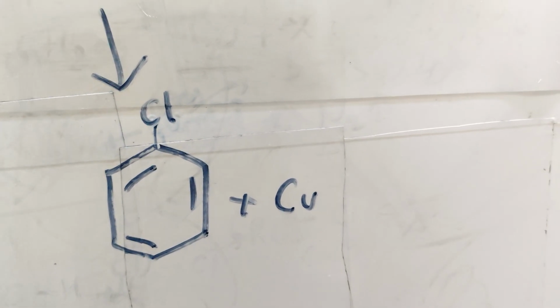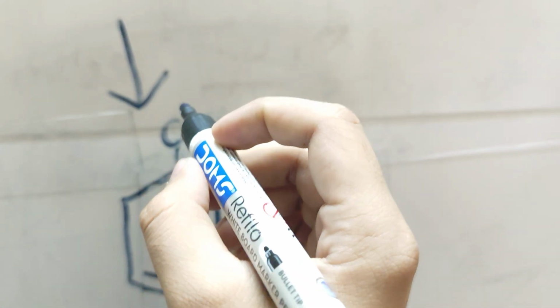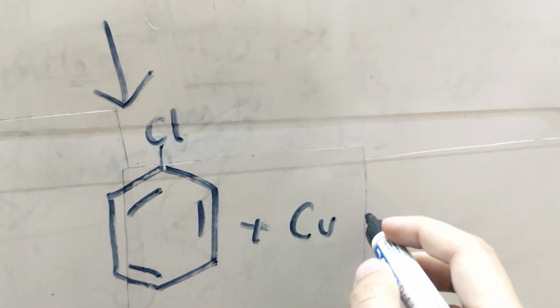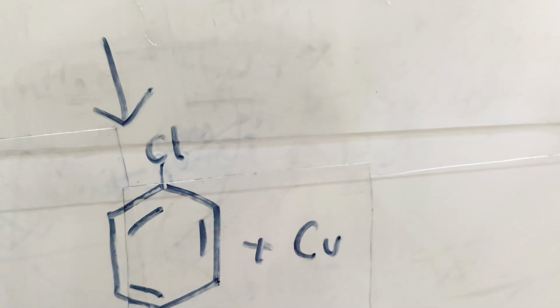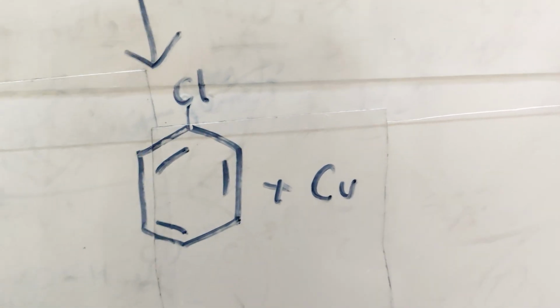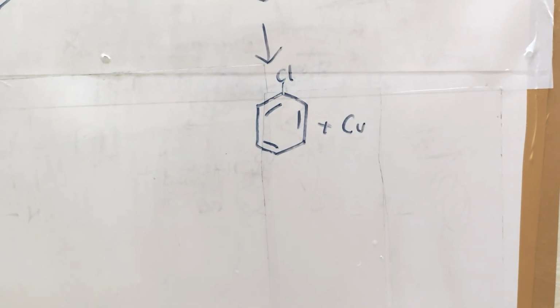Hence, there is formation of chlorobenzene and copper which has accepted the electron. So this was the general mechanism on how it works.